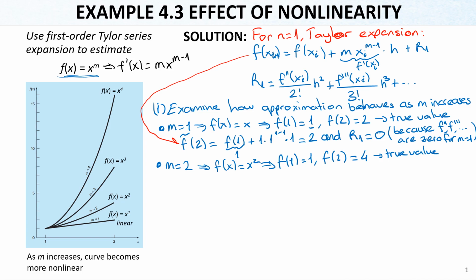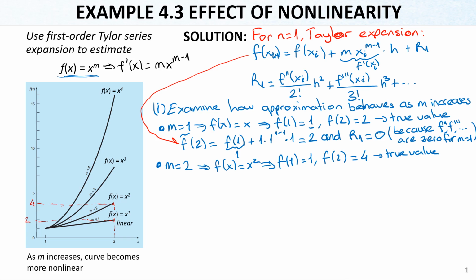And on the graph here, it's actually 4 for 2. The function result is for this value. And for m equals 1, the function is 2, the exact values.